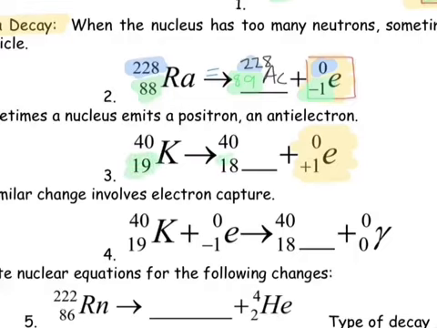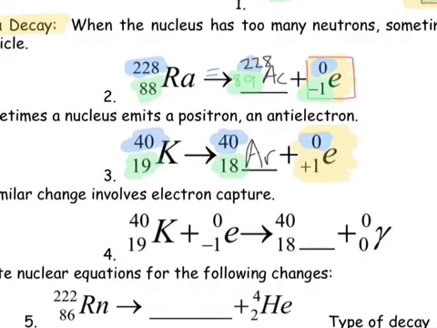If we look on the periodic table, we know that 18 is going to be argon, Ar. And that's it. 40 plus 0 still adds up to 40.